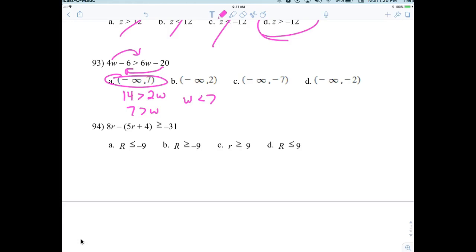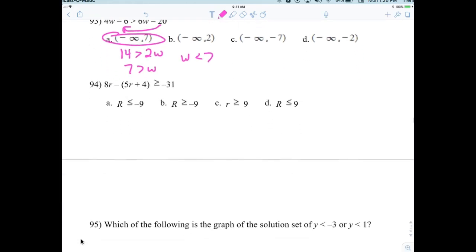Now 94, I distribute a negative. So here we go. 8R minus 5R minus 4 is greater than or equal to -31. 3R minus 4 is greater than or equal to -31. 3R is greater than or equal to -27.